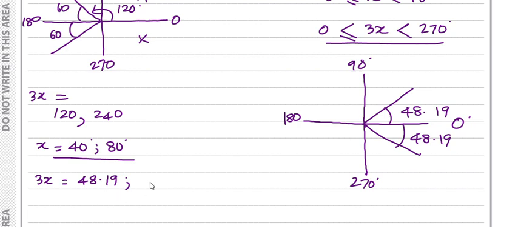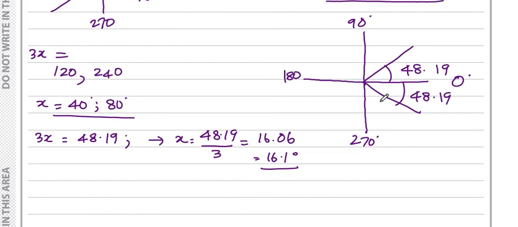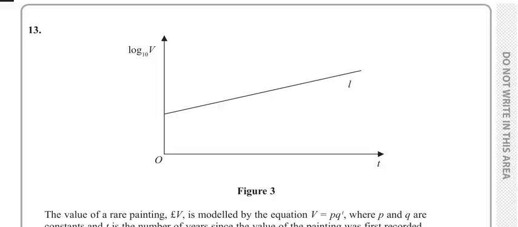So we can now figure out that x is equal to 48.19 over 3 is equal to 16.06 or 16.1 degrees. Now putting them all together, so x can be going in size order, 16.1 degrees, 40 degrees, and 80 degrees. These are the three possible angles.